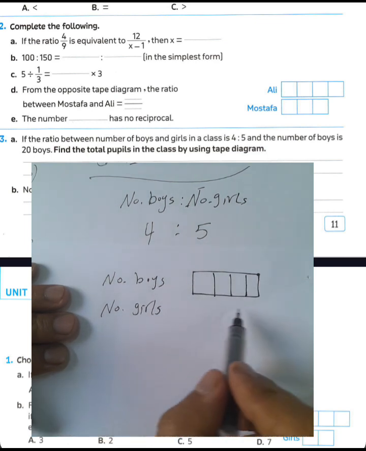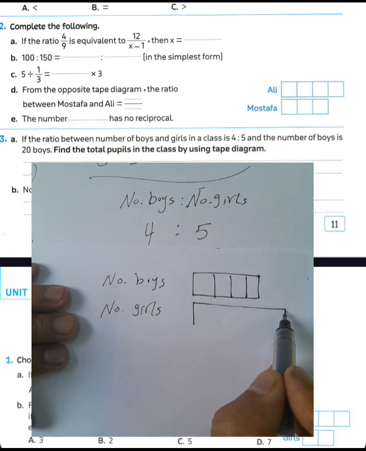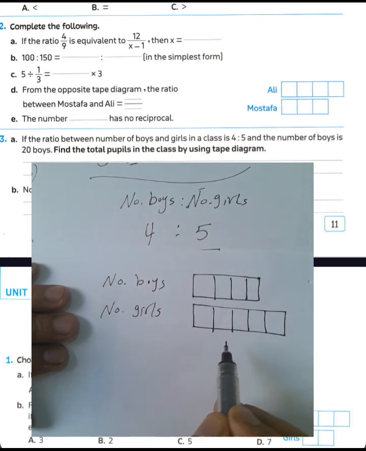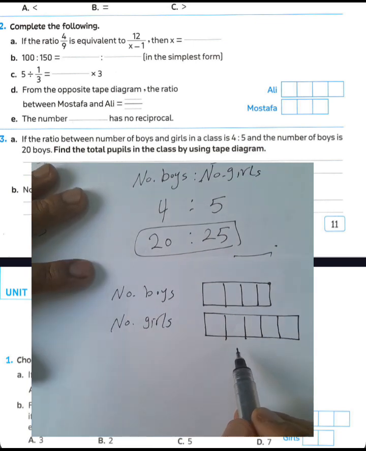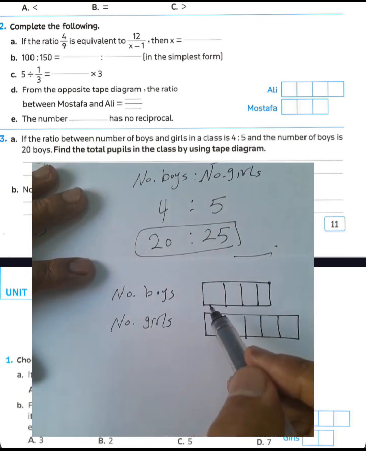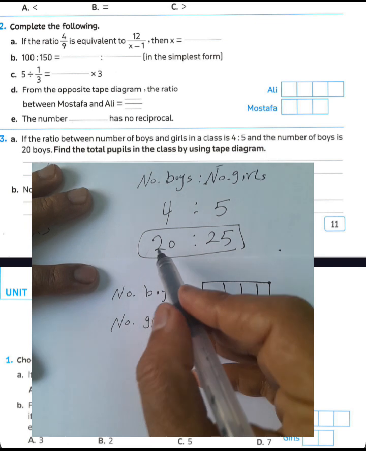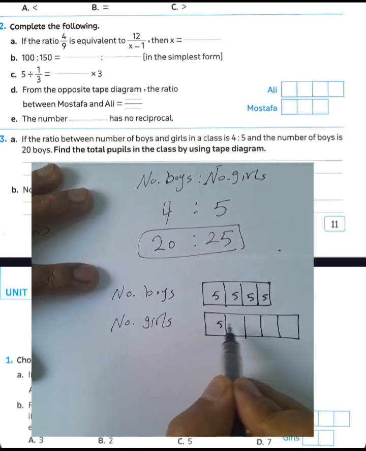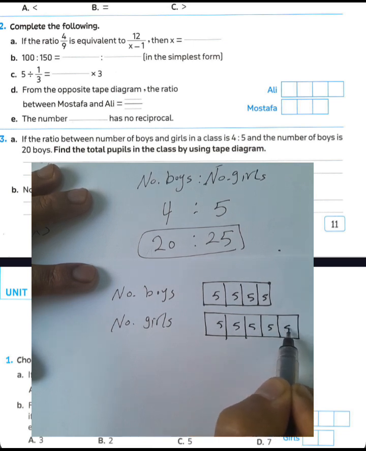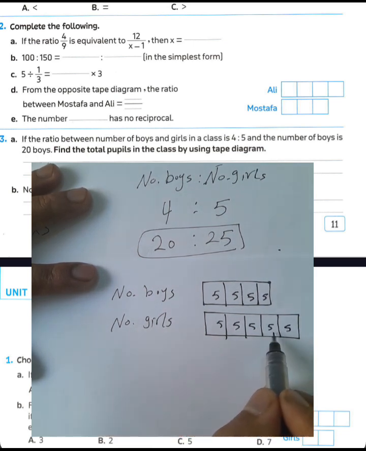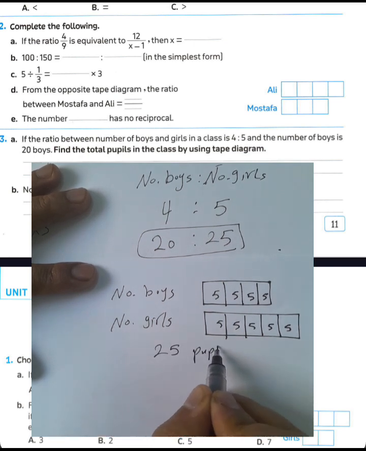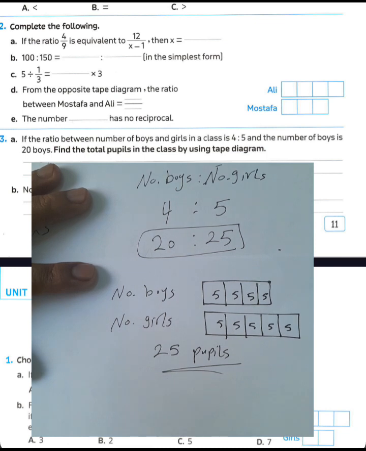And number of girls is 5: 1, 2, 3, 4, and 5. And they give us the number of boys was 20. 20 divided by 4 equals 5. Then you can put 5 here. Then the number of girls will be 5 times 5 equals 25. Then the number of girls will be 25 pupils. Okay, and it's the result.